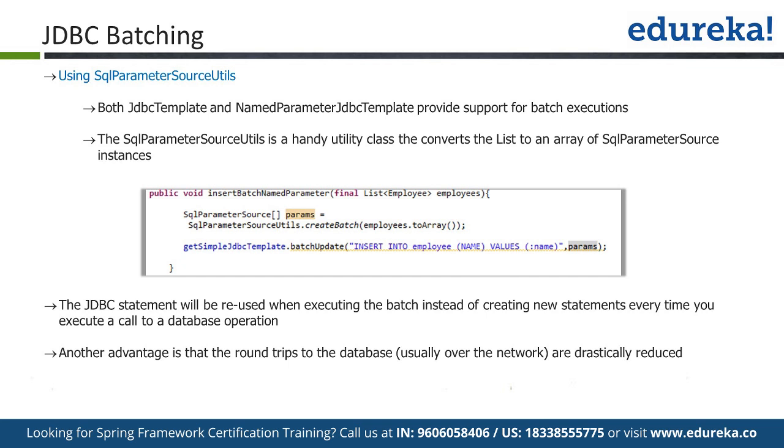JDBC batching. Before going to the JDBC batching provided by Spring, let's see what we had earlier. When we need to do multiple inserts or multiple updates into the database, how did we used to do that in earlier days? Let's say if you have hundreds or thousands of rows to insert, how did we do that earlier?